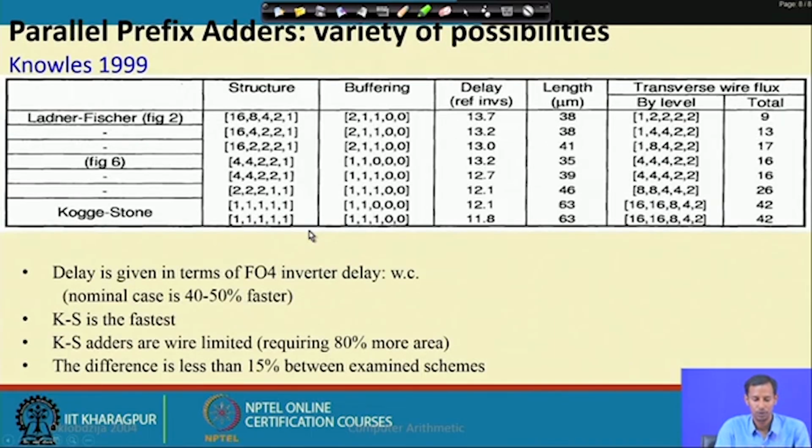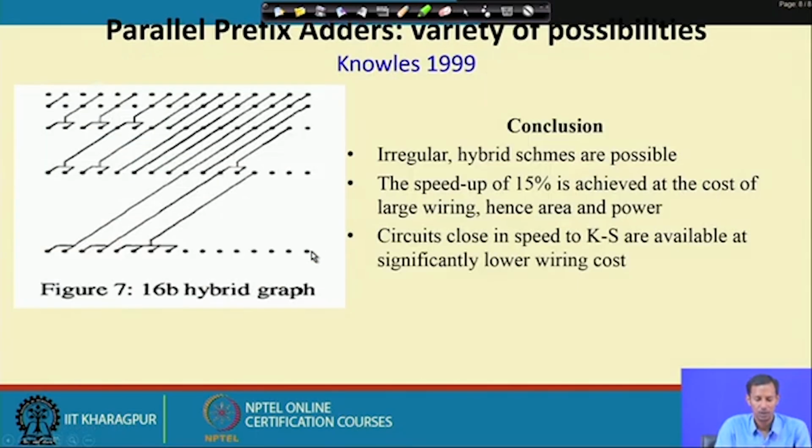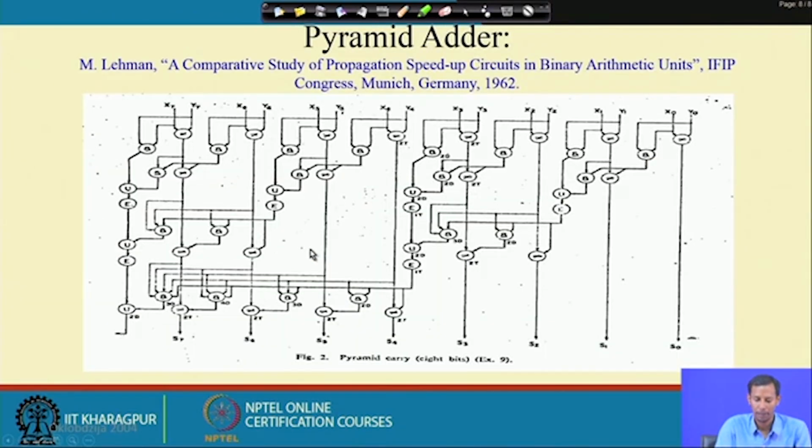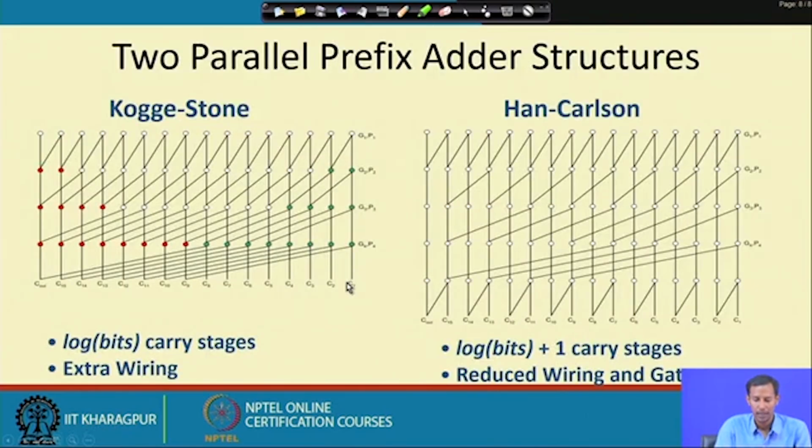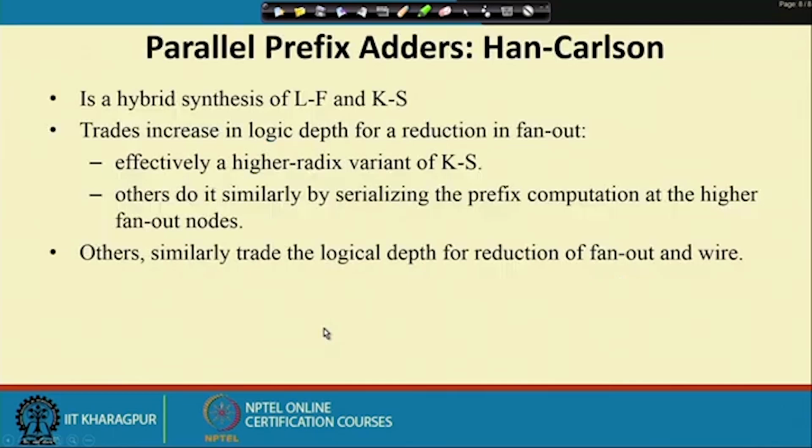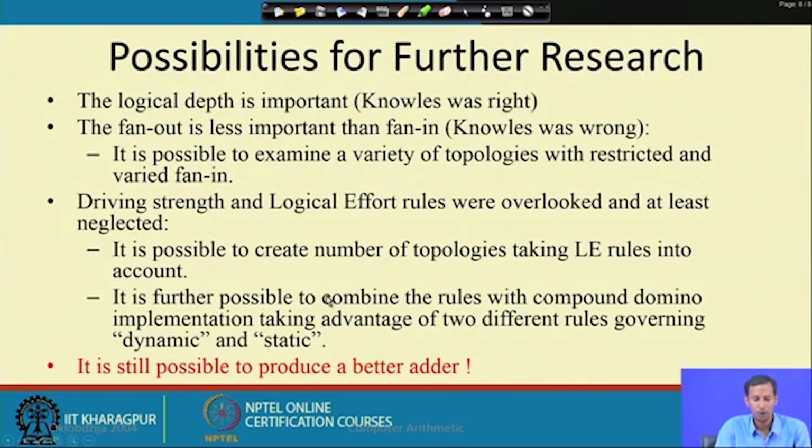So, this is the structure of how we can select. This is a pyramid adder and another adder, and we have already seen this. The possibilities for further research are that the logic depth is very important. So, how can we reduce the logic depth further?